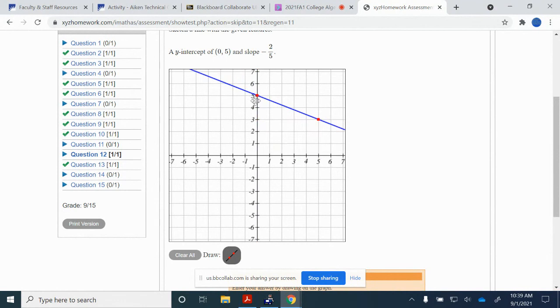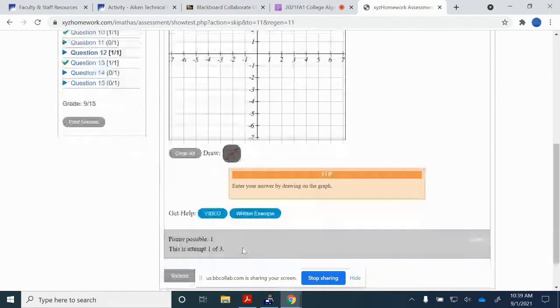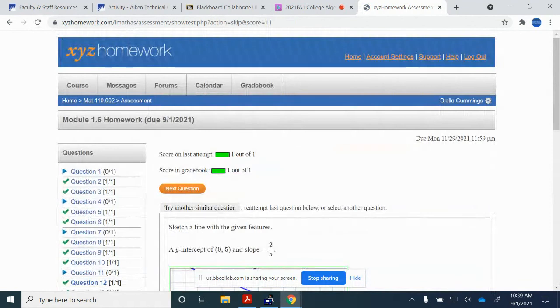So from our y-intercept (0, 5), we plot the slope. I went down 2, and I went 5 spaces to the right. Okay, and we have our graph.